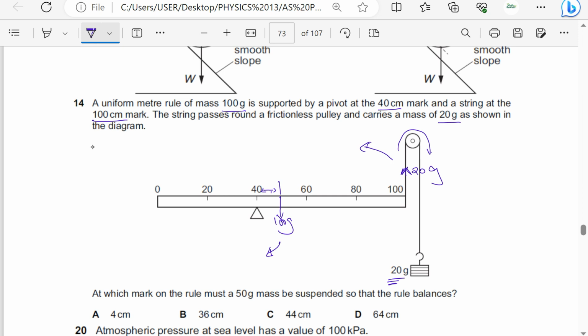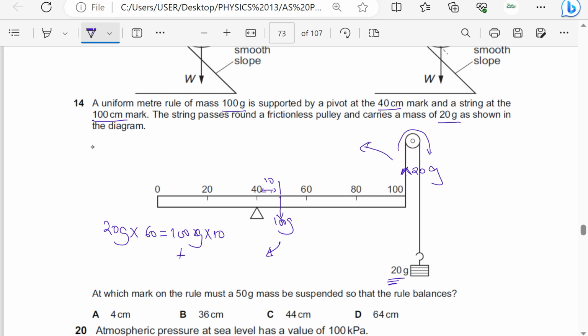Therefore, because the anti-clockwise is greater, we shall need another force which causes a clockwise moment to counter. So I will simply say that 20 times G times the perpendicular distance, which is 60, should be equal to 100 G times the perpendicular distance, which is 10 centimeters, plus another force.